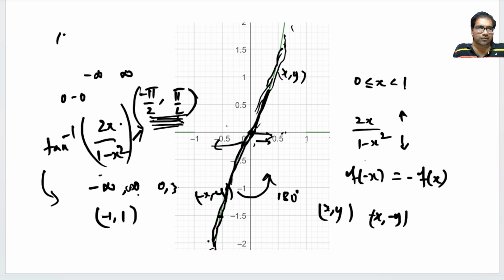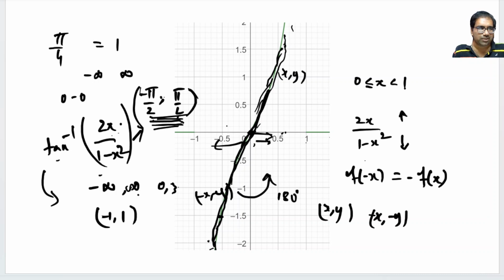So if you want pi by 4, you will find some x that will give 2x by 1 minus x square is equal to 1. That means tan inverse of 1 is actually equal to pi by 4. Right. So whatever value you want between minus pi by 2 and pi by 2 will have some x that will give tan inverse of this expression that value, right?